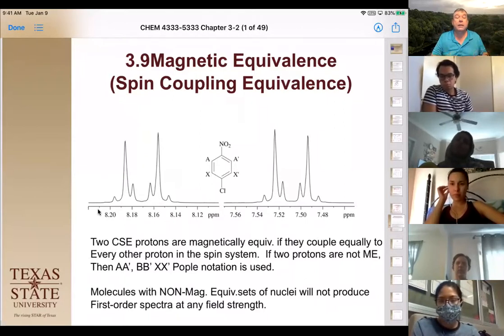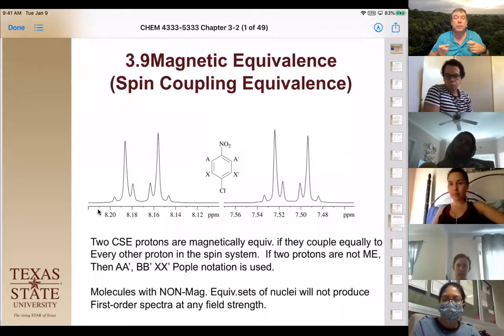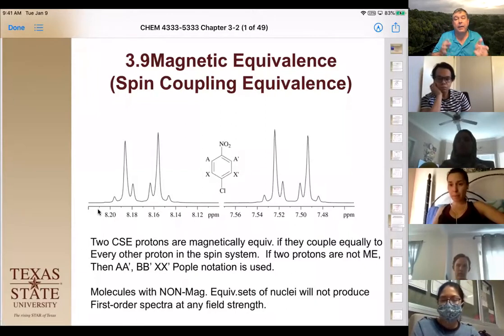So an alkene does not react with the magnetic field the same way a benzene reacts with the magnetic field. And if the benzene reacts with the magnetic field, it's going to change its coupling equivalence, and we're going to get more complex spectra because the different components see different parts of the magnetic field, and therefore they can or cannot be equivalent, and that changes our spin coupling equivalence as well.